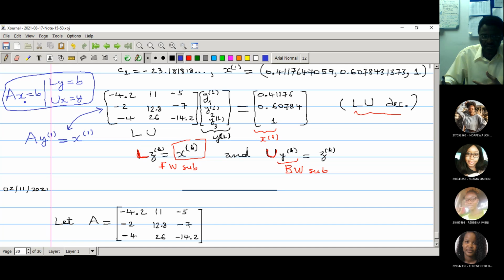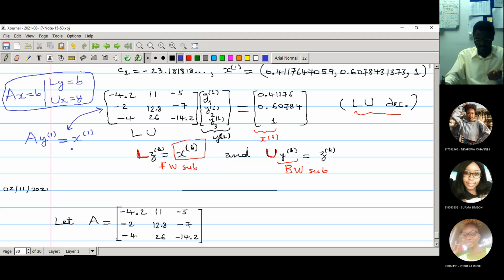But now that our X is changed into Y and our B is changed into X, you have to be very cautious. So with this one, we have to introduce a new notation here because we only have X and B. So we introduce Y. So now that we have Y and X, we need to introduce a new variable that we will call Z.